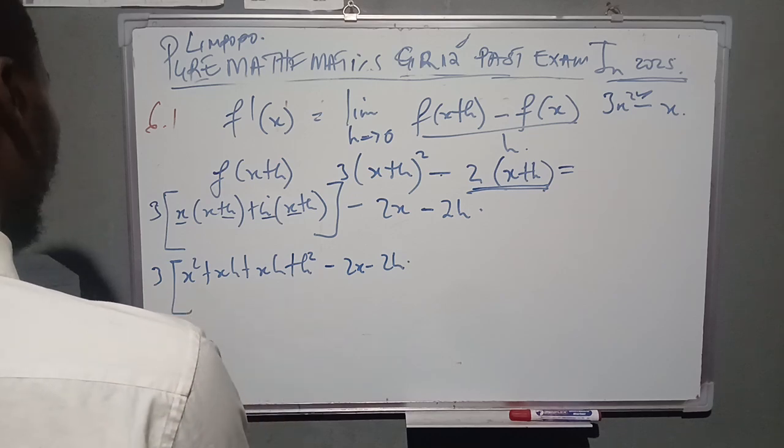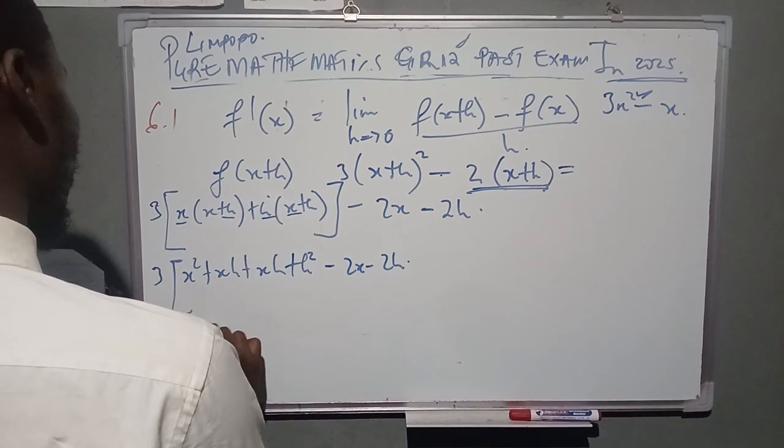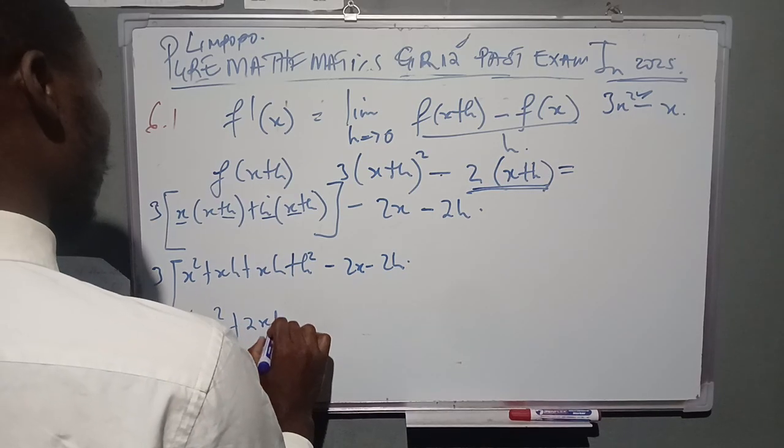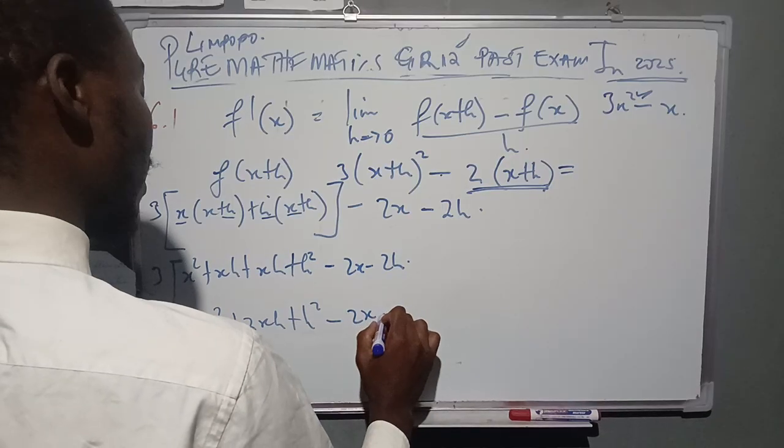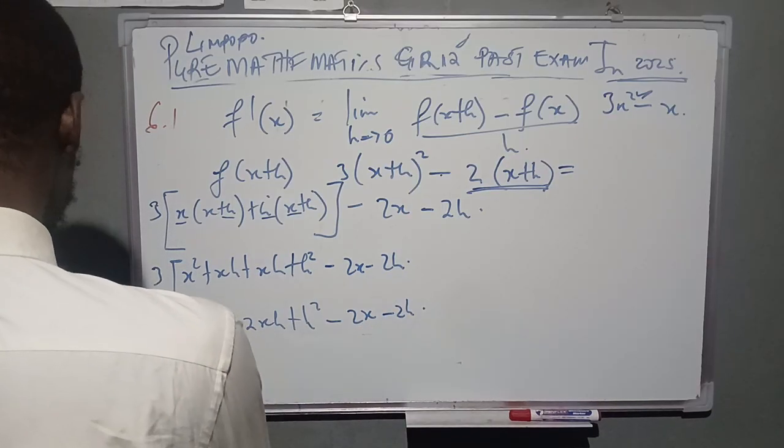Therefore this becomes x squared plus 2xh plus h squared minus 2x minus 2h.